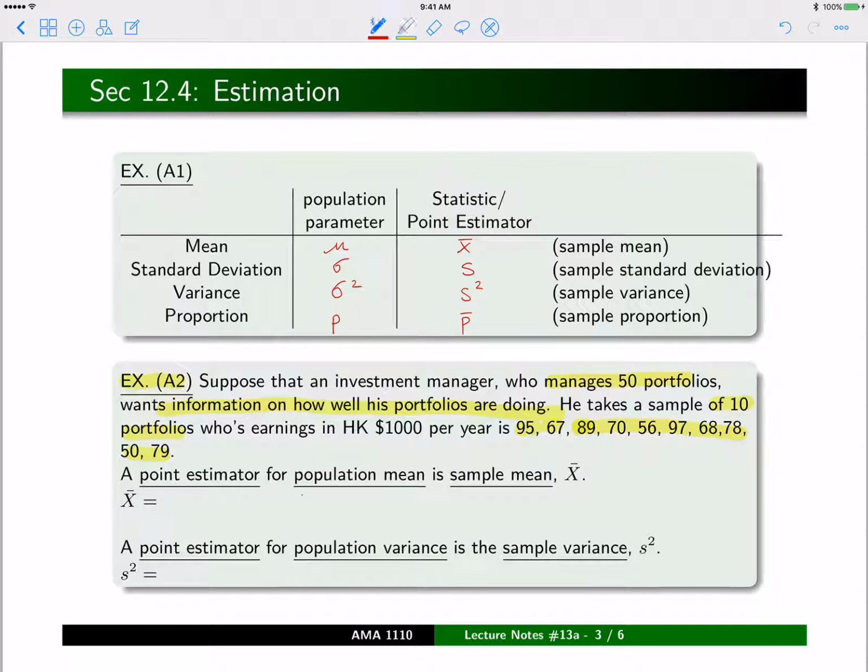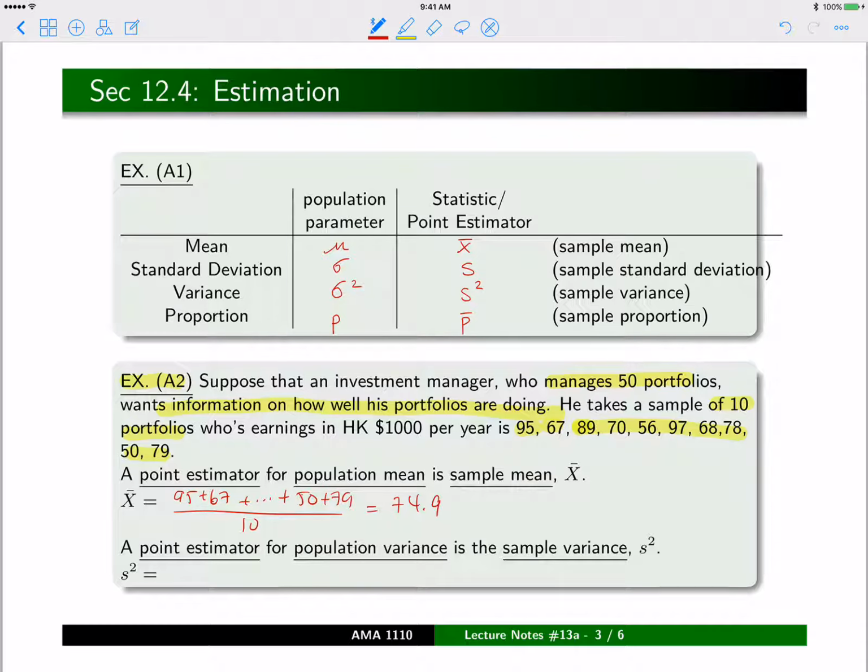Well, we just find the sample mean: 95, 67, all the way up to 50 plus 79, divided by 10. So the estimate of how well his portfolio is doing is just the sample mean. On average, he's making 74.9 thousand Hong Kong dollars per year.